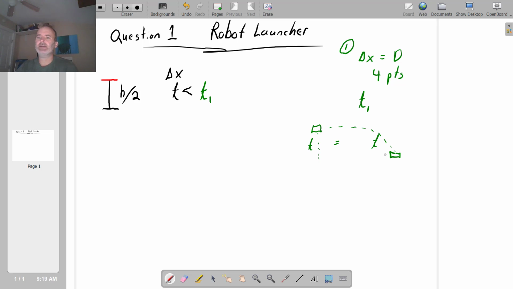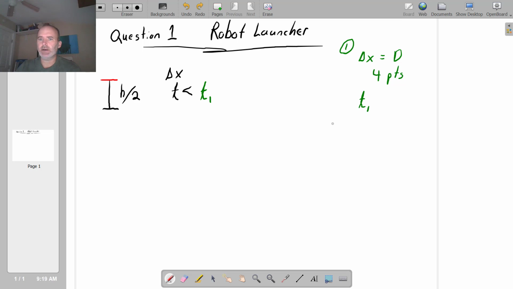It doesn't matter how fast it's moving in the x direction, they're both going to fall at the same rate, because it's still gravity that's pulling both of them down. There's nothing pushing or pulling it in the x direction. Okay, so let's look at this time.